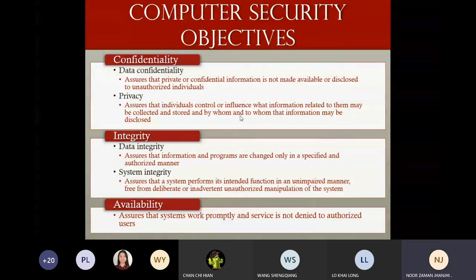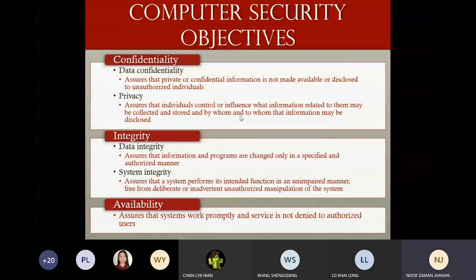You can see from here what confidentiality is. Data confidentiality comes under privacy. At that time, we considered privacy under confidentiality. And data integrity, also system integrity, was part of integrity.